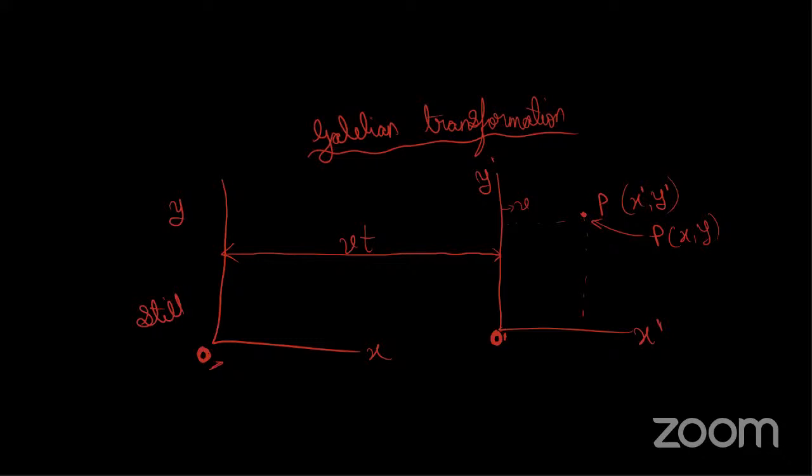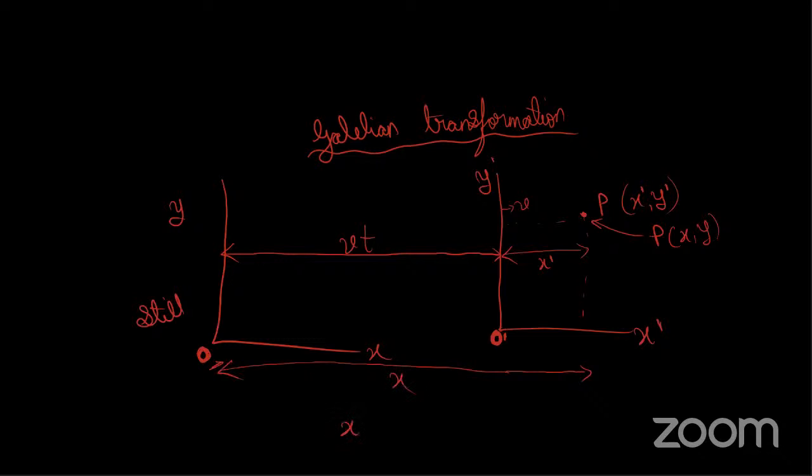So what would be the relation between x and x dash? That's what Galileo gave. We can easily derive that if this is vt and this is x dash, then the total for the observer at O, the value of x will be this, right? So this whole thing will be x for him.